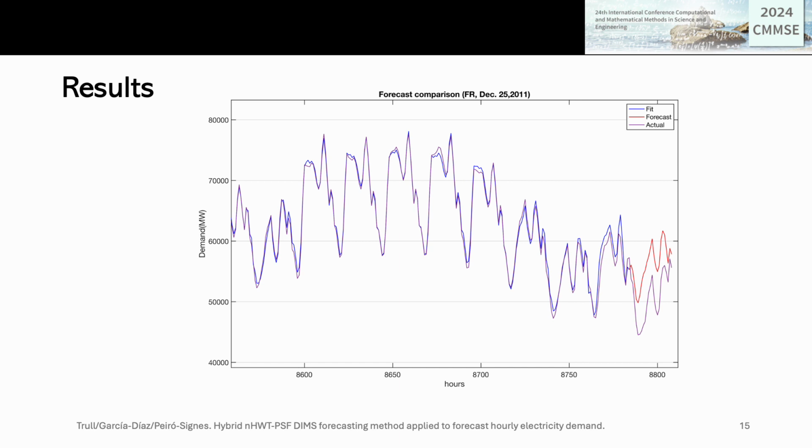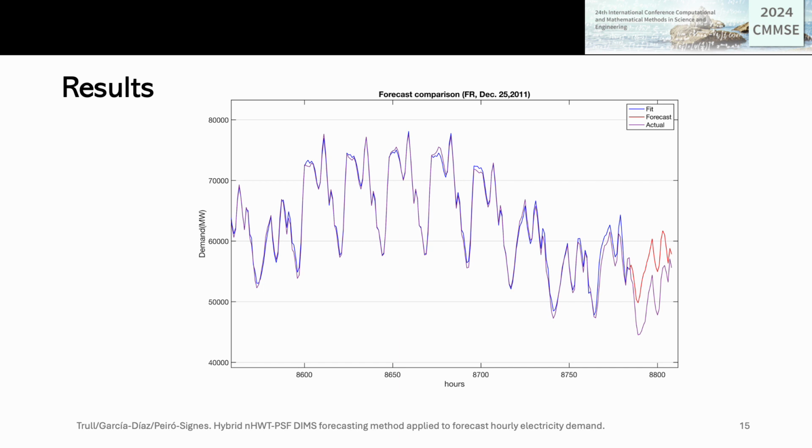To show you graphically the results, you can see here the plot of the forecast. This is for France, and you may see on the left side of the graph the observed values and the fitted model, and on the right with the red line the forecast provided by the model and the real data that actually occurred.